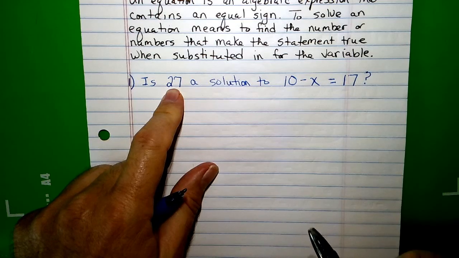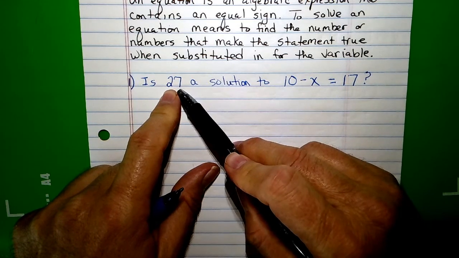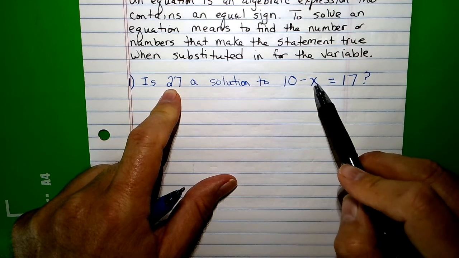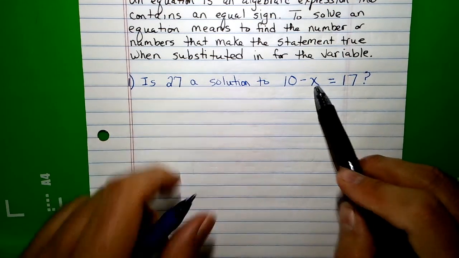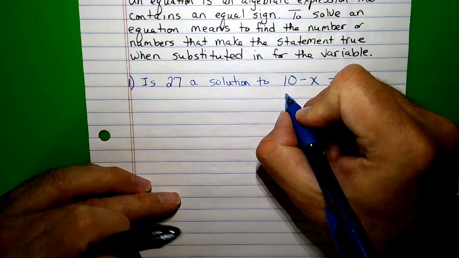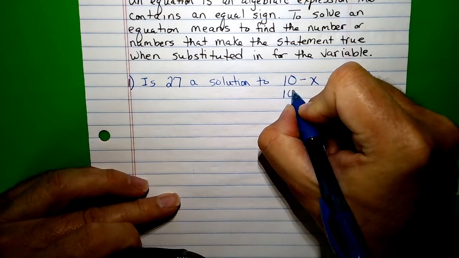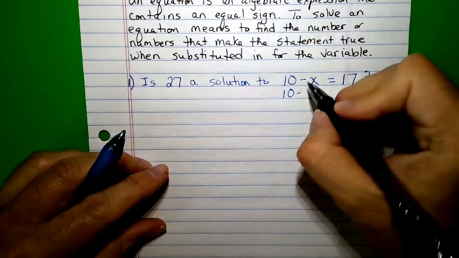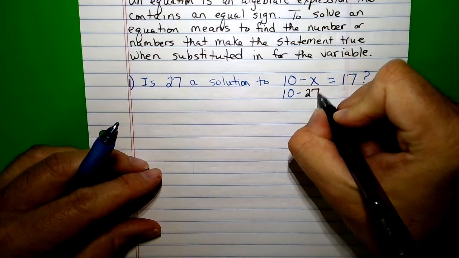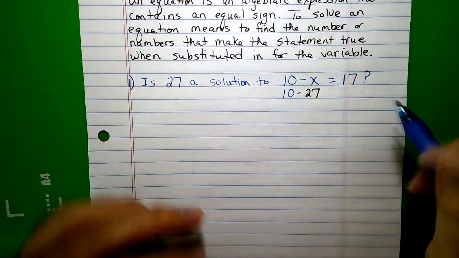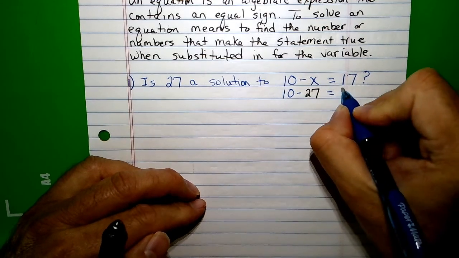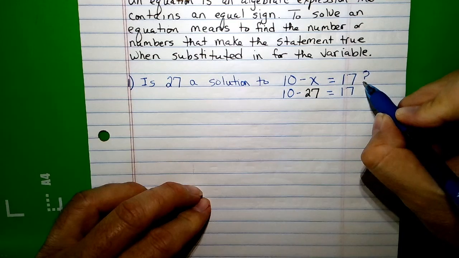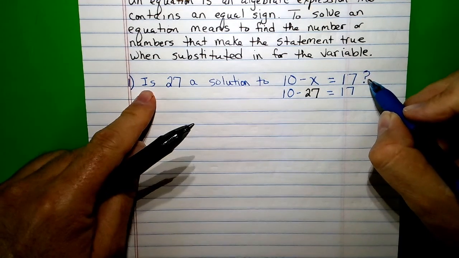27 would be a solution if we get a true statement when we plug it in for x. If I put a 27 right there for x, be careful, don't immediately say, yes, it is a solution. If I put a 27 there, equals, that's a question mark, by the way, not a math symbol, it's answering the question.